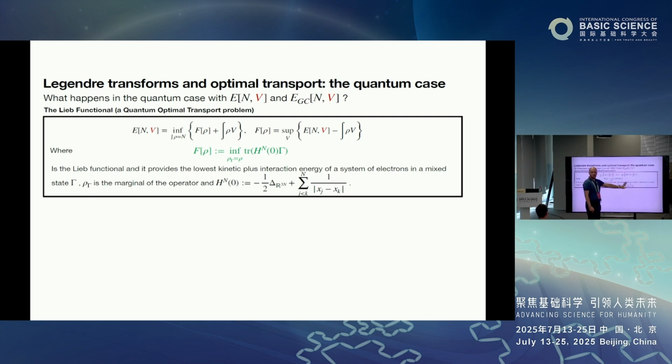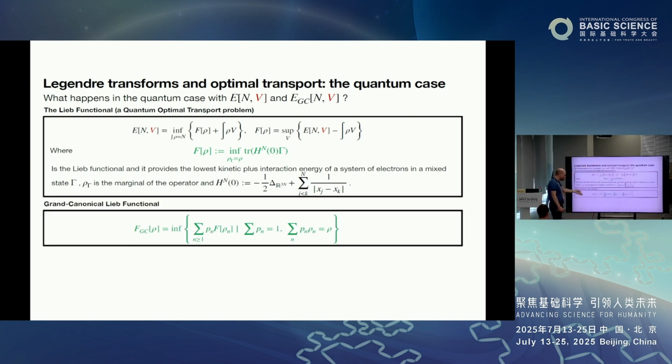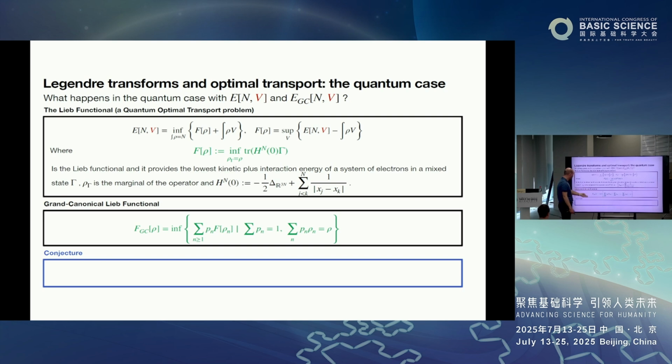Moreover, it's a universal functional, meaning that it does not depend on the nature of your atom or molecule. And again, you can define the grand canonical Lieb functional, and you can restate the conjecture in terms of the Legendre transform of the quantum energy. The reason why we do not look at this is that it's too difficult to work with this functional.